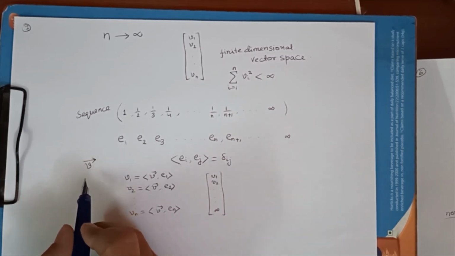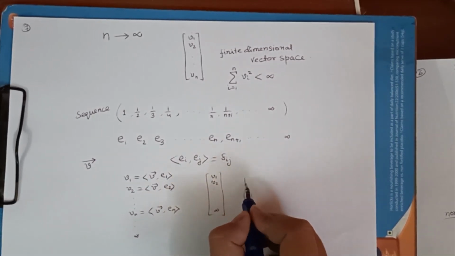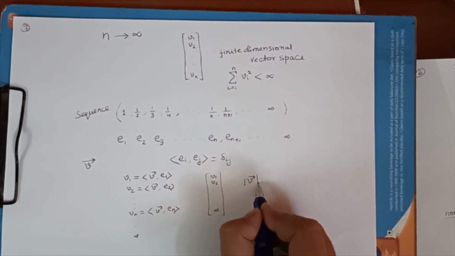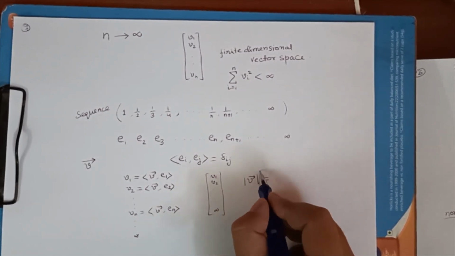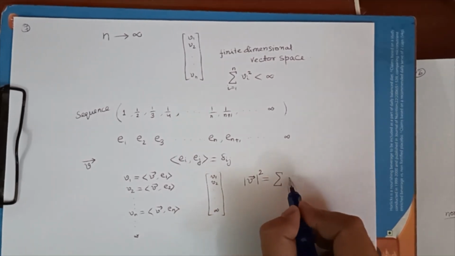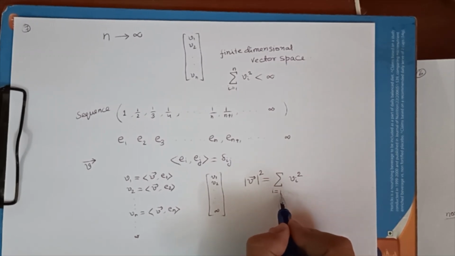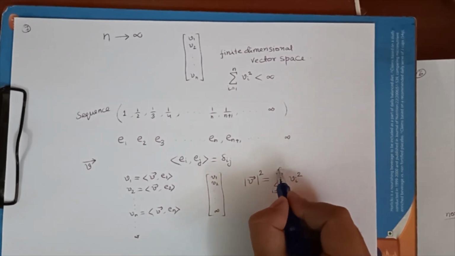Now, what is the length of the vector? Since this is Euclidean space, you should apply Pythagoras theorem. So the length of the vector squared is the sum of vi square, i equal to 1 to, not n, but infinity.